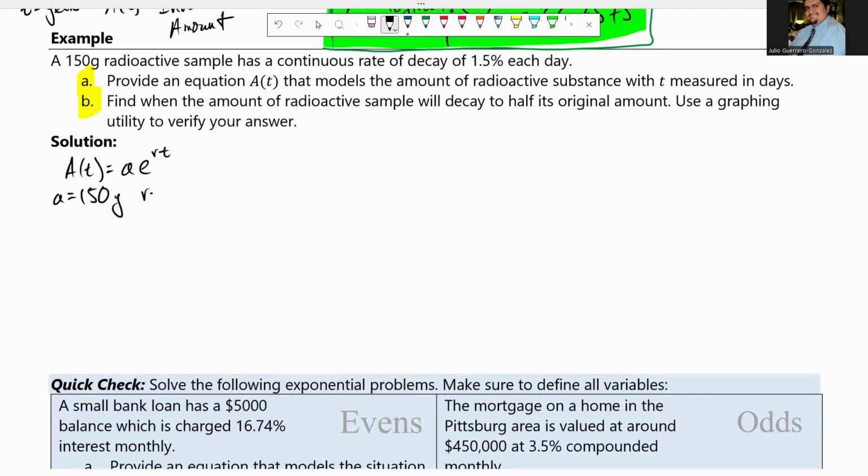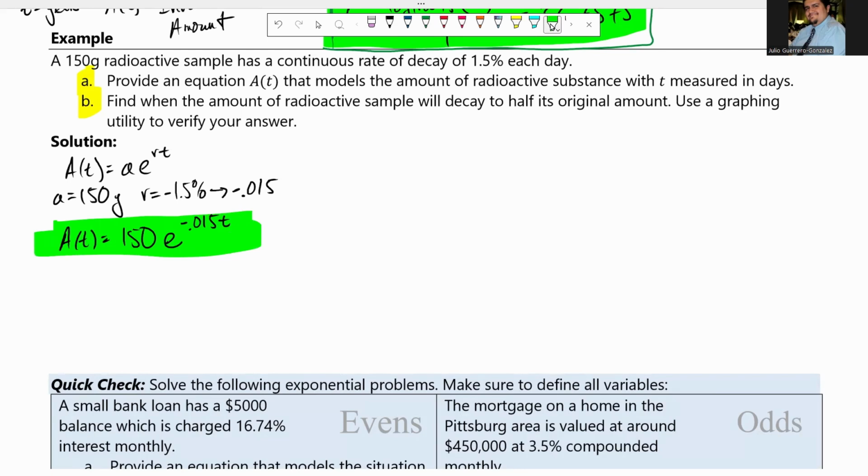And our r was decay, negative 1.5%, right? We can't plug in the percent. We have to change it into decimals, so negative 0.015, right? So then my A of t is 150 e to the negative 0.015t. We are done.